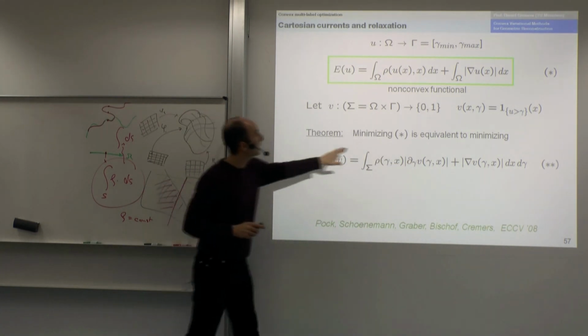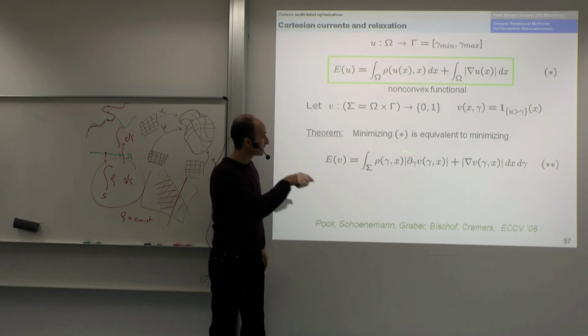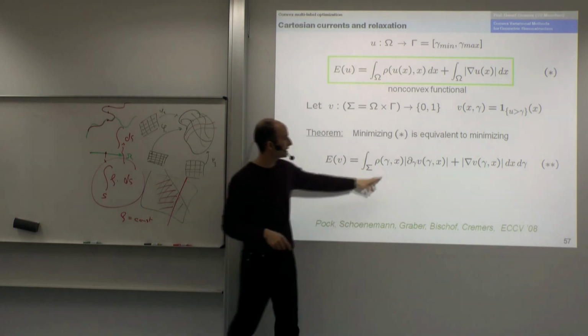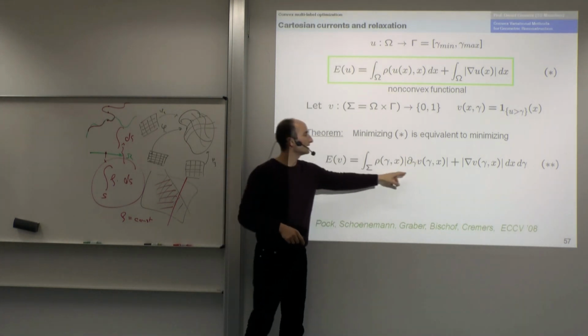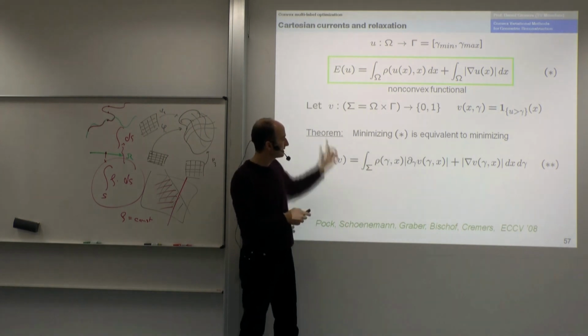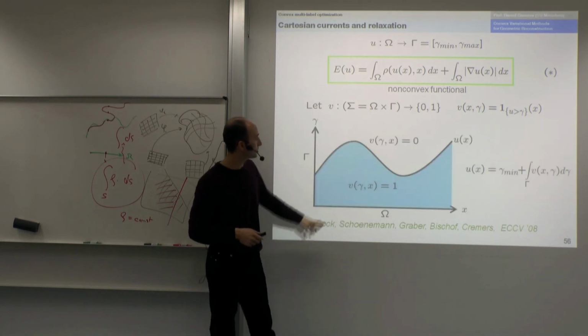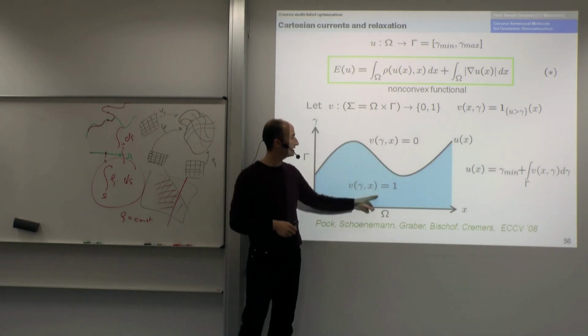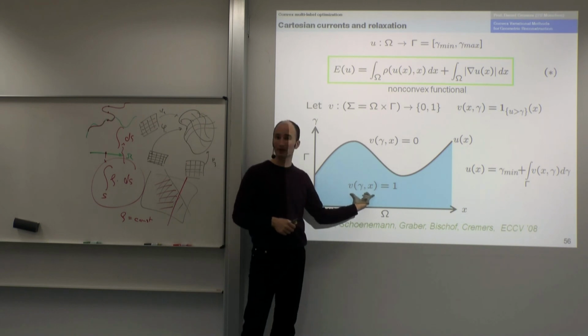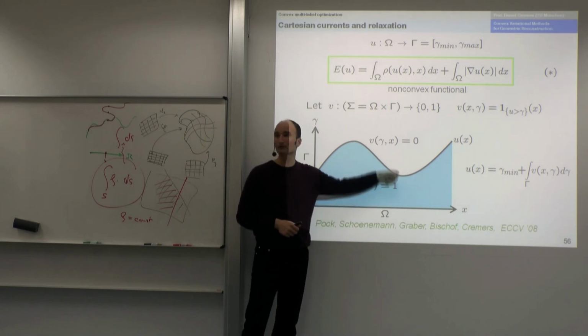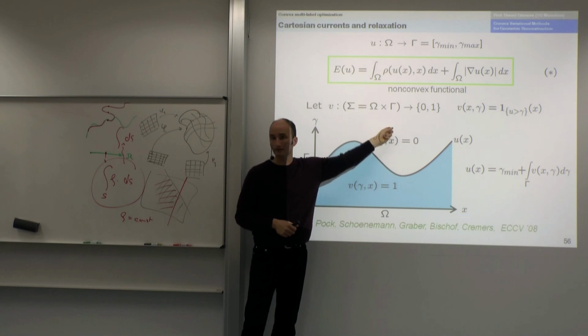Maybe to show you why these two are equivalent, in particular, let's look at the data term. What we have in here is dv by d gamma. Gamma is the direction in the label space, this gamma here. If we go back to the plot, how does v change in gamma? Well, the function v by construction is 1 below the graph and 0 above the graph.